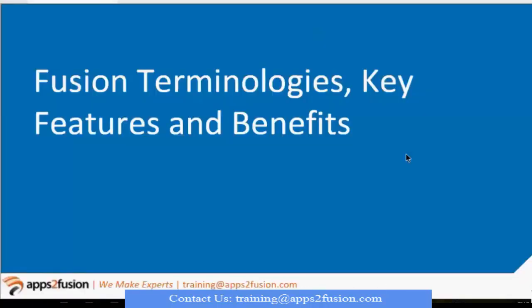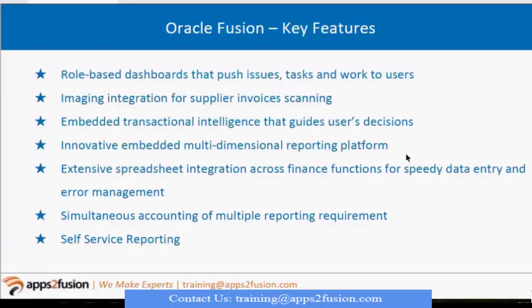Okay, so now let's cover a few basic terms and key features and benefits. Earlier in EBS we had D2K forms and some OAF pages, and then I think in the latest versions all the forms are moved to OAF. Now in ERP Cloud, or in Fusion Applications, all the pages are web based.